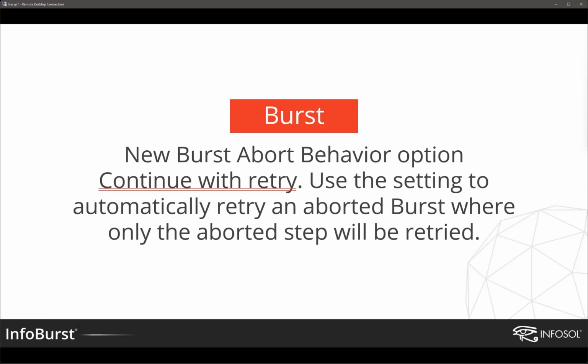This is something that has been requested quite a bit over the years. In essence, with this setting, you can automatically retry an aborted burst. But more importantly, this is not just a dumb retry, which means it failed, now go rerun. This means that InfoBurst is going to retry, but only for the failed steps.